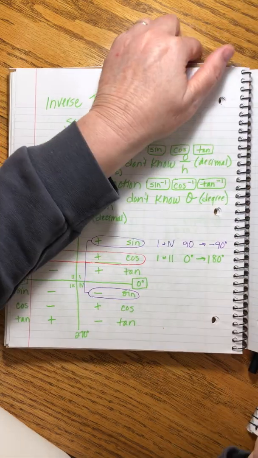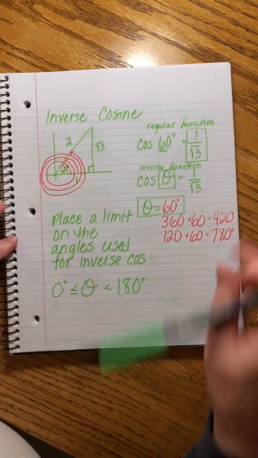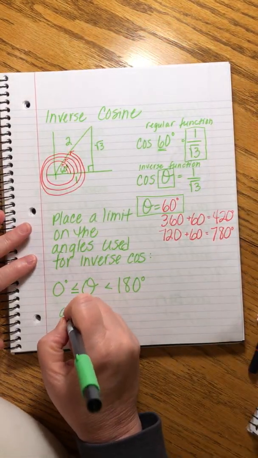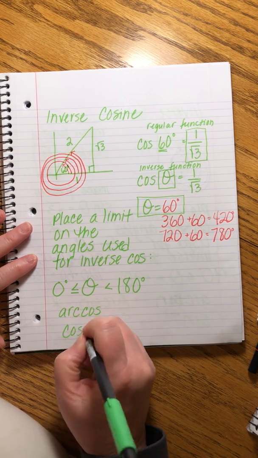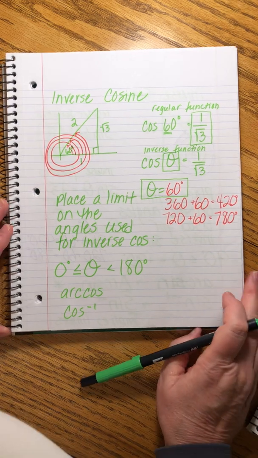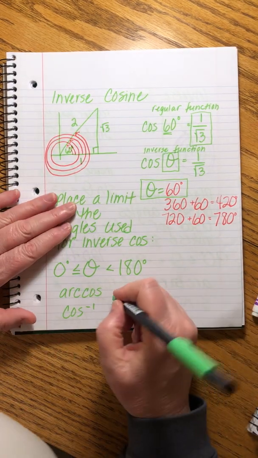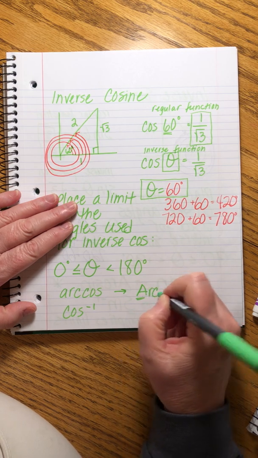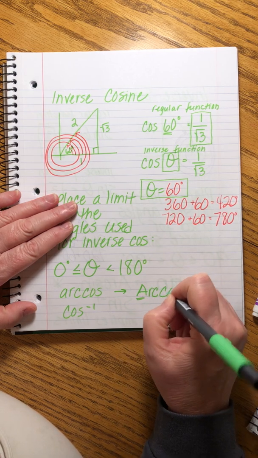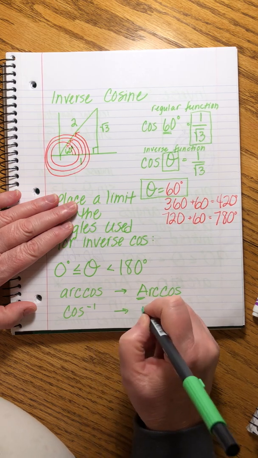And the same thing over here, or I forgot to write it. If you write arc cosine or cosine of -1, then that's drama because that means you have to account for all the spins. So again, we use that uppercase letter on either one of them.